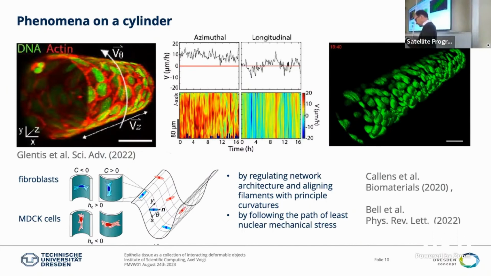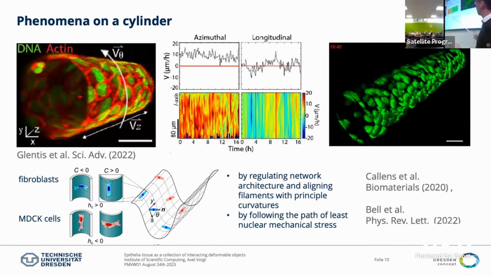Now, what is the difference? We have Gaussian curvature 0, and we have two different principal curvatures. There are various experiments also done for single cells, and they seem to align with minimal curvature directions. Maybe not all cells in the same way, but there seems to be some effect.